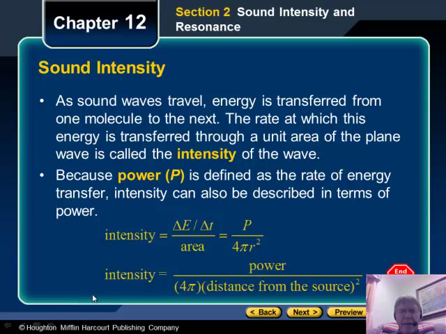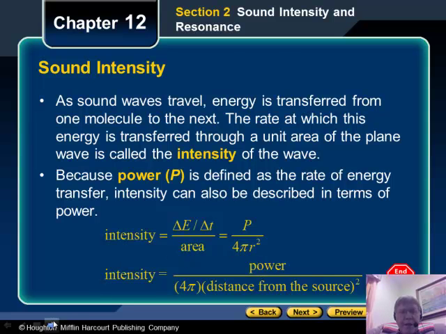You see here this equation. Delta E means the change in energy, or the energy that flows through an area in a unit of time, and that is the power. Energy divided by time is power, and the area is 4 pi r squared, where r is the distance from the source.